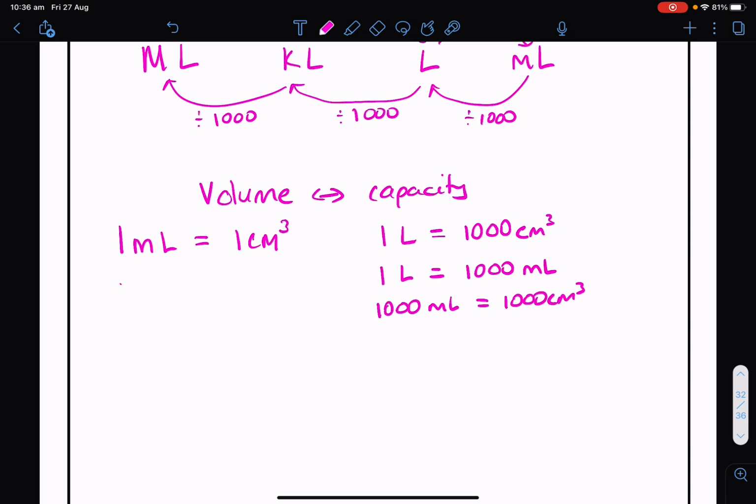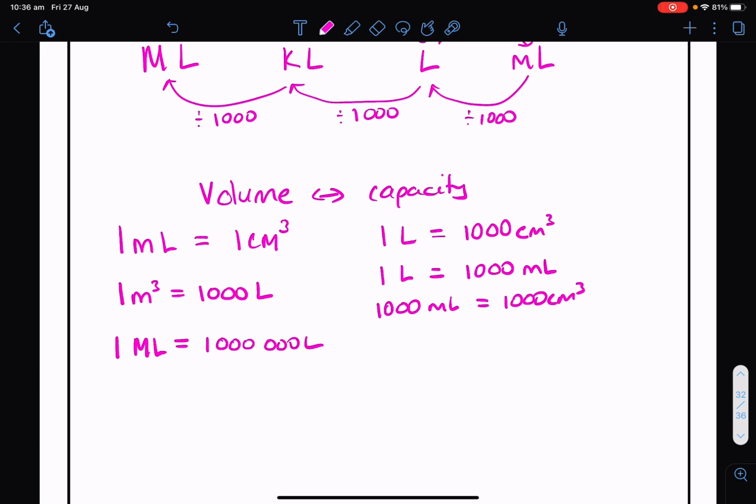We also have 1 metre cubed equals 1000 litres. So if you were thinking of a meter cube, a meter by a meter by a meter, you could put 1,000 litres of liquid in that. That sounds about right.